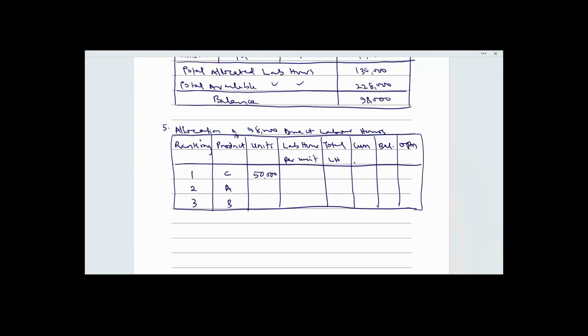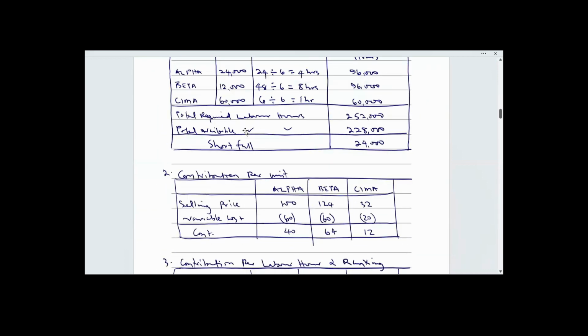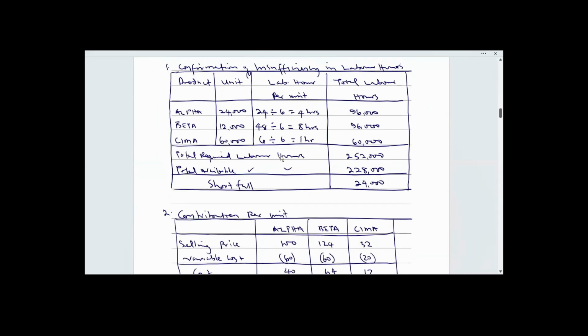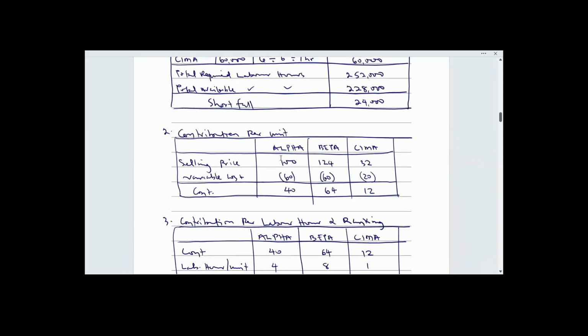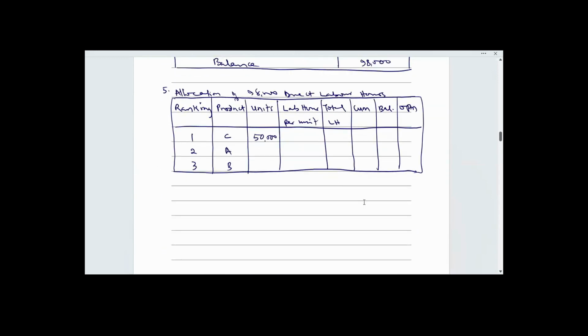Again, product A requires how many units? 24,000. Out of the 24,000, 10,000 units is allocated already. So we have 14,000 units left. Product B requires 12,000. 10,000 is allocated already.